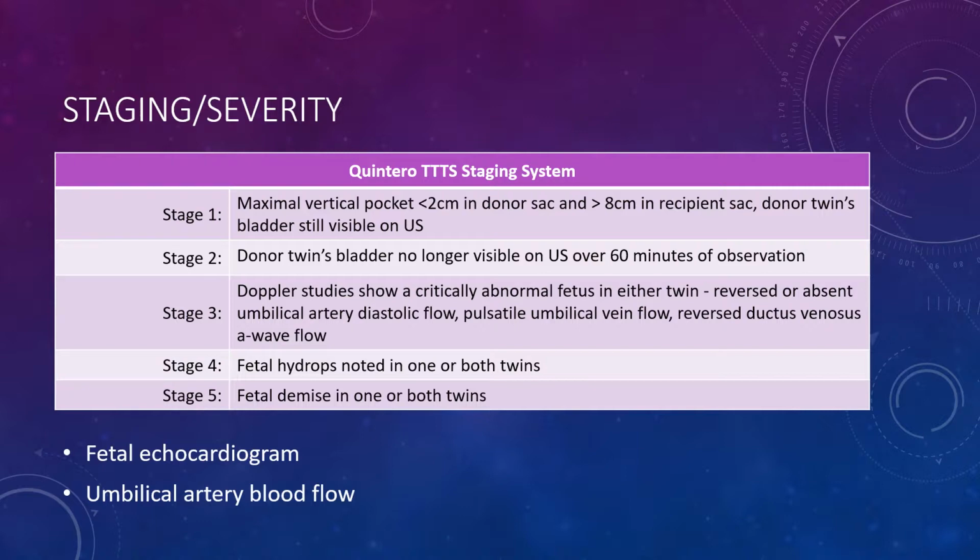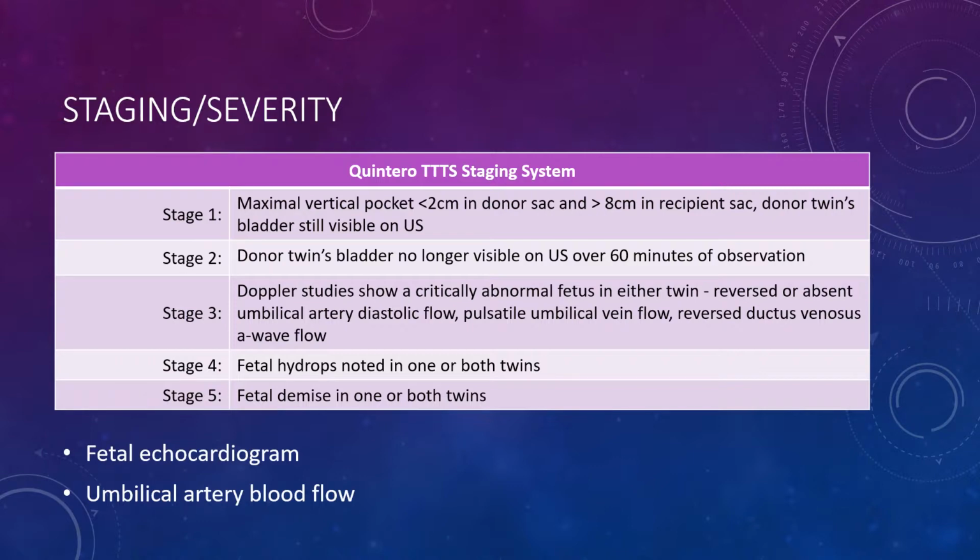Stage 3, the Doppler studies show critically abnormal flow in either twin. So either you have reversed or absent umbilical artery diastolic flow, pulsatile umbilical vein flow, reverse ductus venosus, or A-wave flow. For stage 4, you'll have fetal hydrops noted in one or both twins, so that's the general swelling. And then stage 5 is fetal demise of one or both twins.